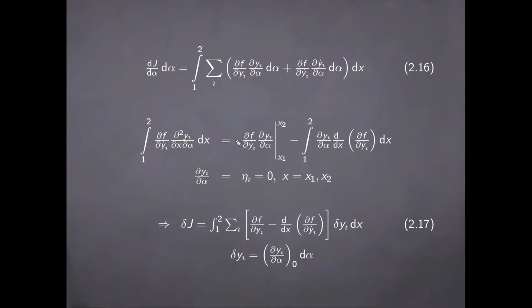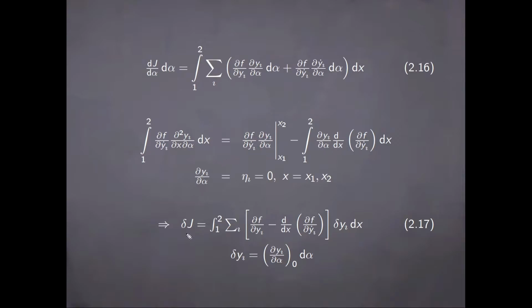And once again, in this case, the derivative and the integral cancel out, and I need to evaluate this term between the endpoints. But the derivative of y with respect to alpha is just the function eta, which vanishes at the endpoints. So this term goes away, and I am left only with the second one.